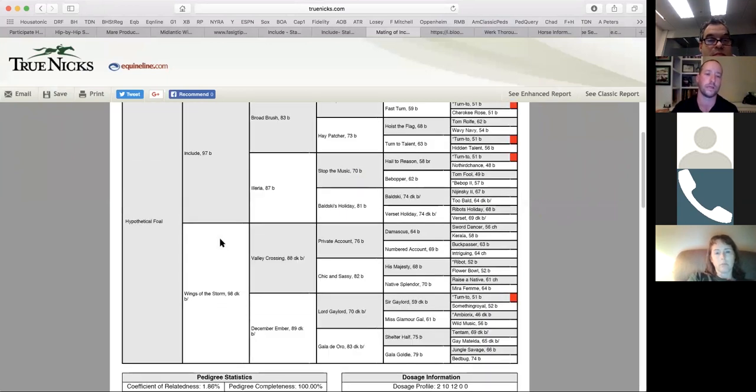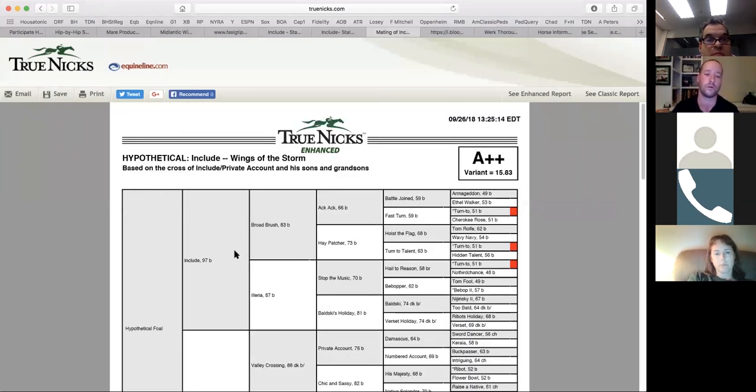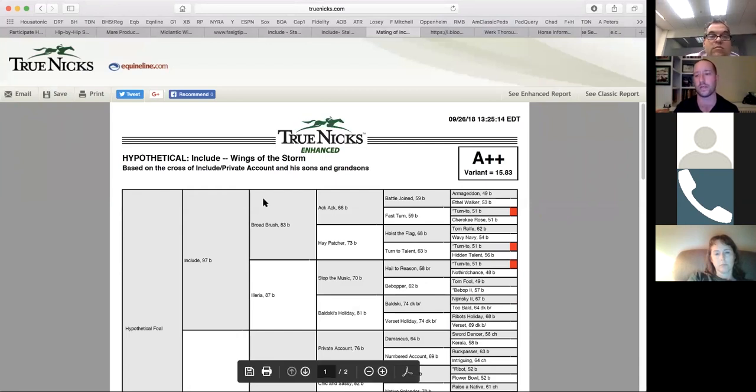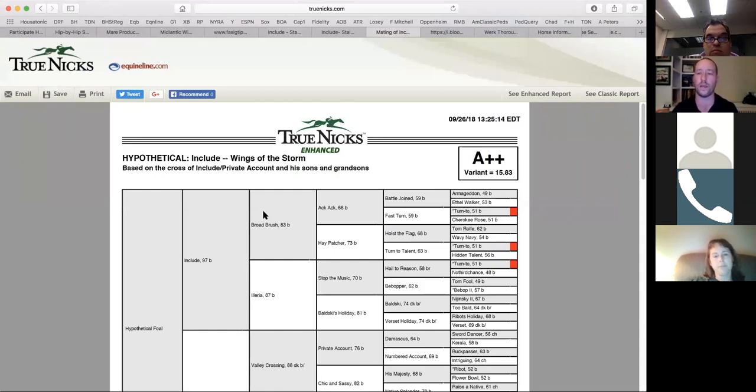So in this case, you see here, based on the cross of Include with Private Account and his sons and grandsons. Sometimes you see based on the cross of Broadbrush and his sons and grandsons with Private Account and his sons and grandsons. So the data goes into their algorithm, and each one figures it out differently, and how far back they need to go on the sire line and how far back they need to go on the dam line to give you what they determine to be a statistically relevant data set.